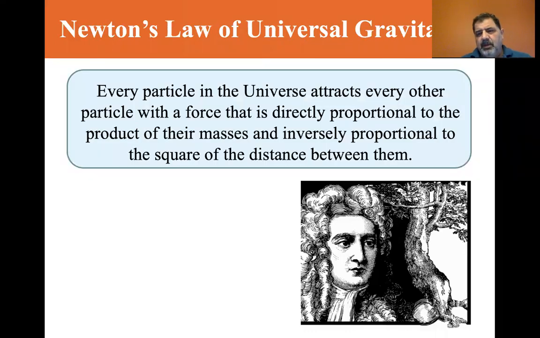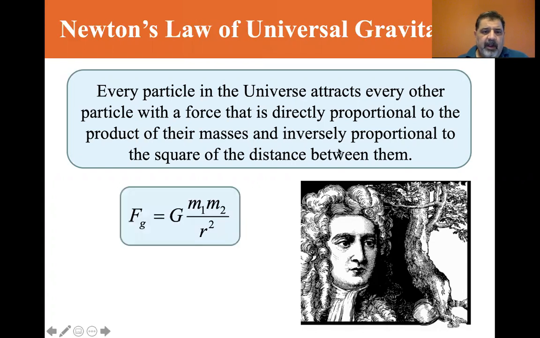Newton came up with the Universal Law of Gravitation. Every particle in the universe attracts every other particle with a force that is directly proportional to the product of their masses and inversely proportional to the square of the distance between them.